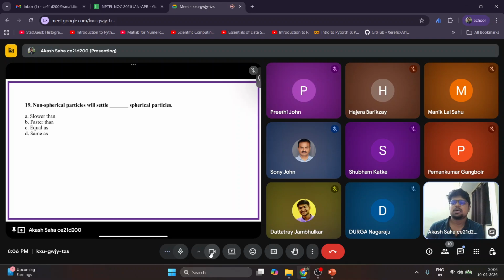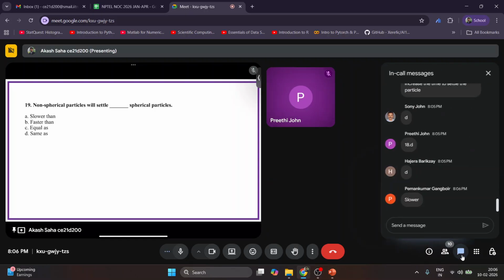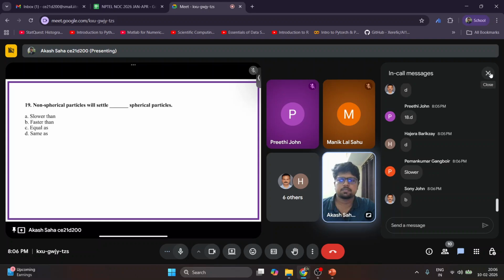Non-spherical particles will settle dash spherical particles. Slower, faster, equal, or same. What do you think? Slower. Okay. Any other answer? Faster.